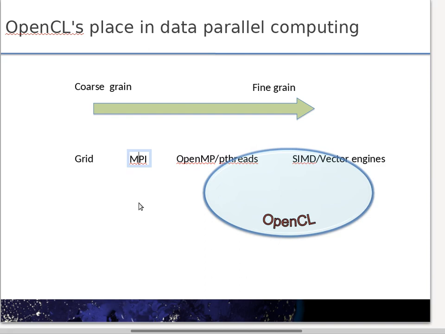MPI is going into coarse grain because you're utilizing different machines, so it has to go off the actual computer onto another one, but usually within a local area network. And then grid is even wider because it might be going across the world. MPI is usually on a site like CSU, while with grid you might have CSU and then universities up in London or whatnot.